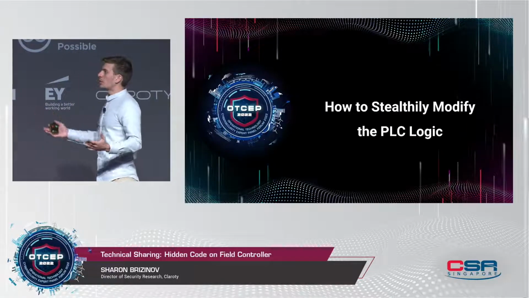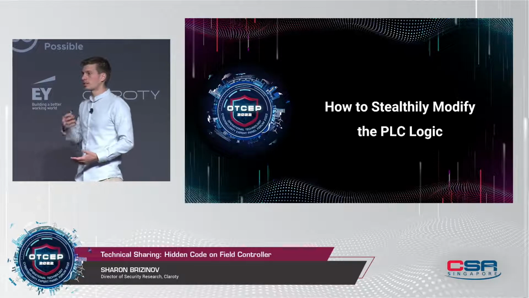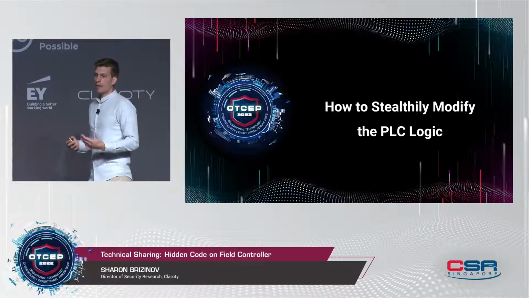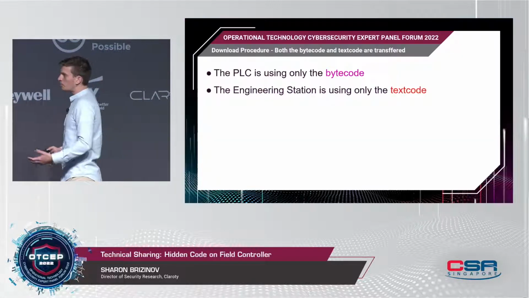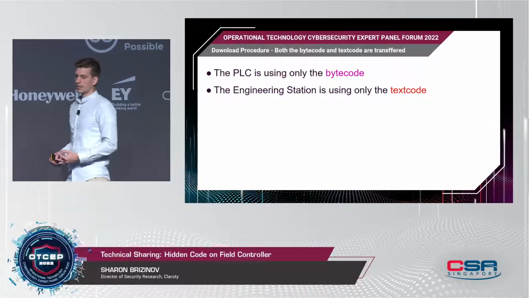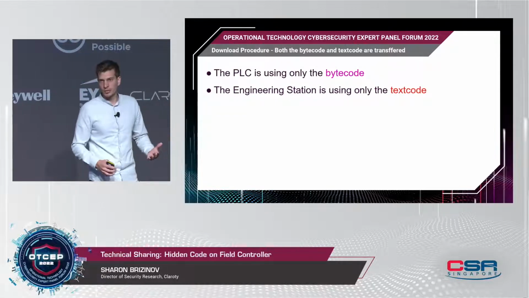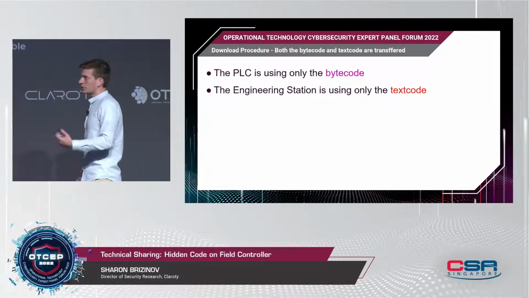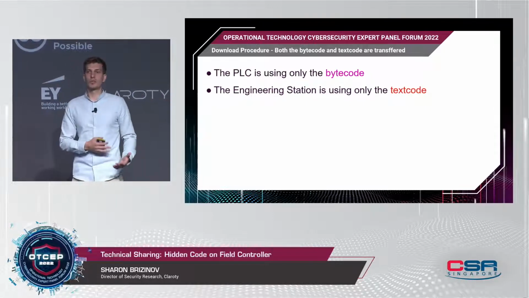So obviously, when we understood this mechanism and this process across the entire ICS market, we asked ourselves, how can we stealthily modify the PLC logic? And the key point here is that the PLC is only using the bytecode. It doesn't care about the text code because it needs to execute the actual code. But the engineering station is only using the text code because this is what we're programming.